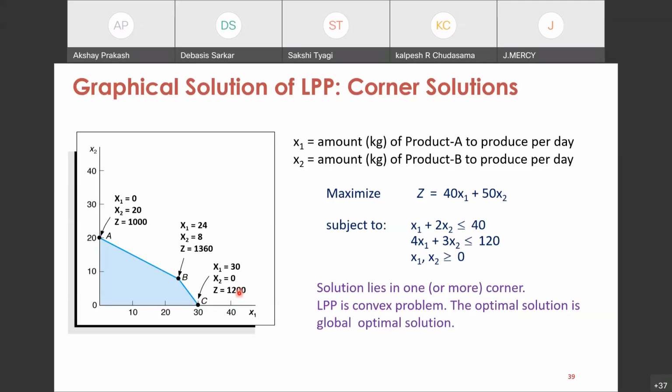This is easy for small problems, definitely not easy for large problems. But whatever be the case, the solution will always lie on these corner points for a linear programming problem.